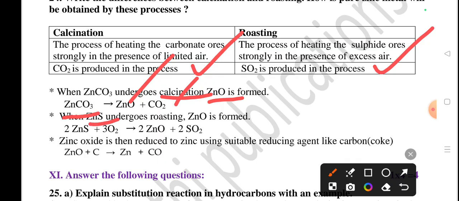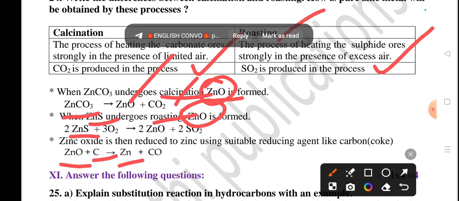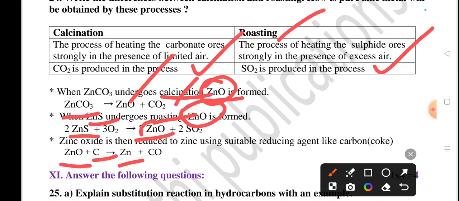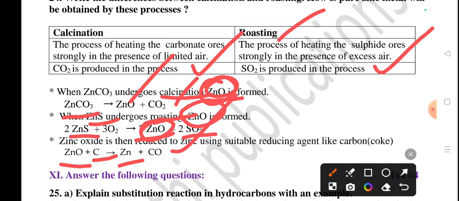When zinc sulfide undergoes roasting, here also zinc oxide is produced, along with sulfur dioxide. Whatever zinc oxide is produced is reduced with the help of coke or carbon, and we get pure zinc. When we reduce with carbon, carbon monoxide is produced.